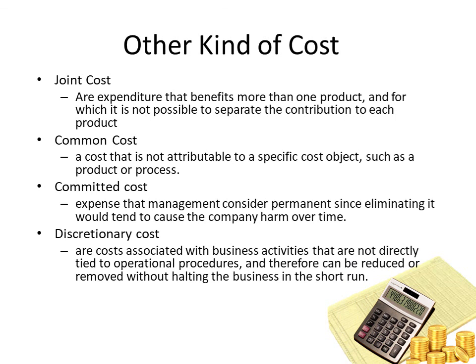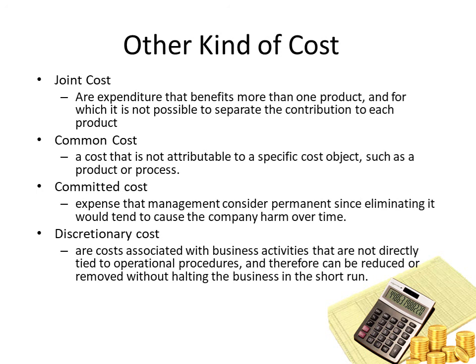Next, we also have the discretionary costs. These are costs associated with business activities that are not directly tied to operational procedure and therefore can be reduced or removed without halting the business in the short run. Discretionary costs depend on the discretion of the upper or higher level of the entity.